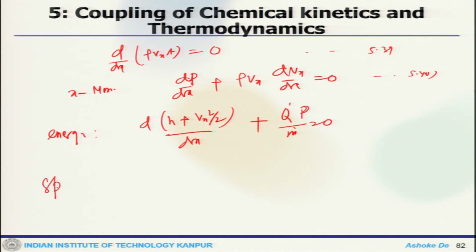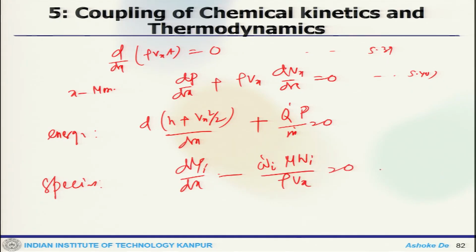And species conservation gives dYi by dx minus omega dot i molecular weight i by rho Vx equals 0.